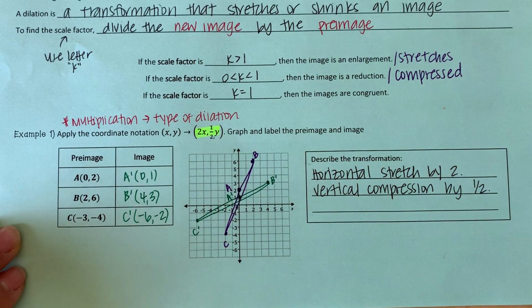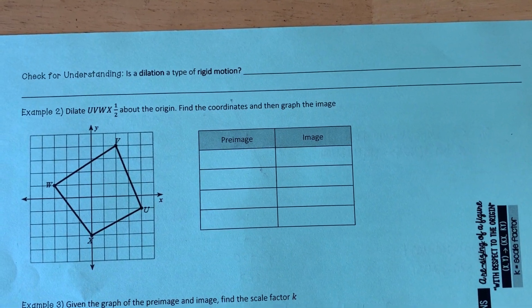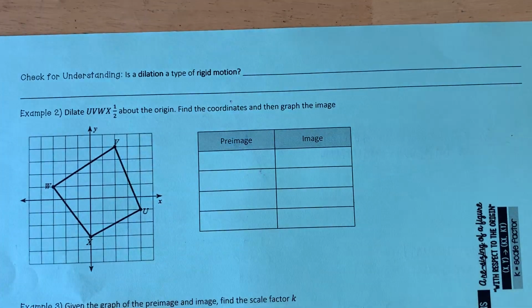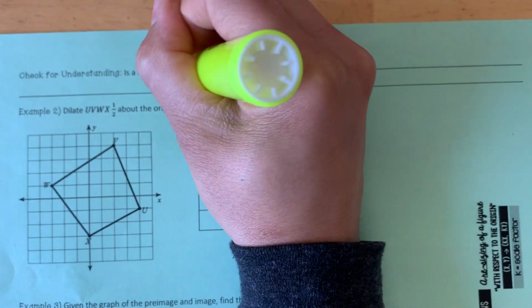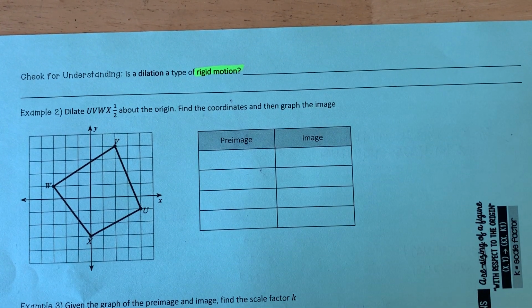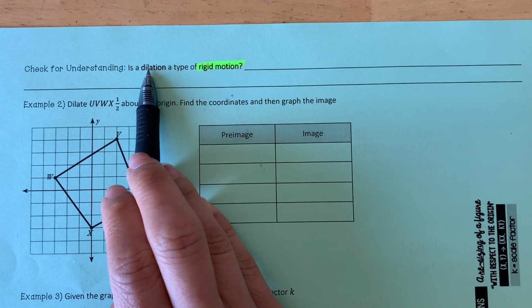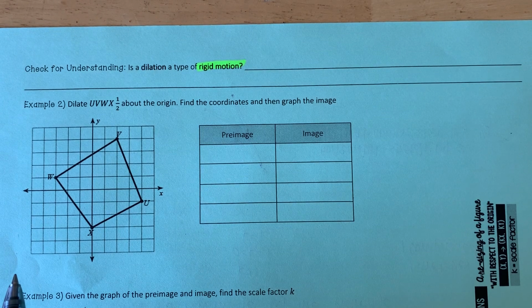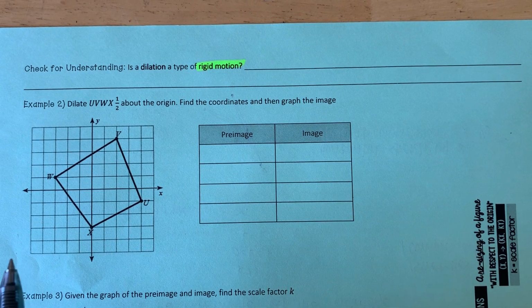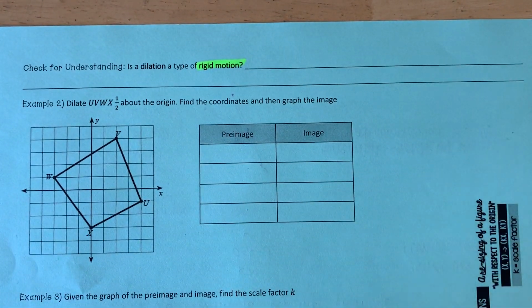We're going to go ahead and turn it over to the next page. Is a dilation a type of rigid motion? So there's that keyword rigid motion that we've been seeing. Rigid motion means that the image is the same size and the same shape. Remember, if you dilate an image, that means you're making the image smaller or bigger. So because you're making the image a different size, it is not a type of rigid motion.